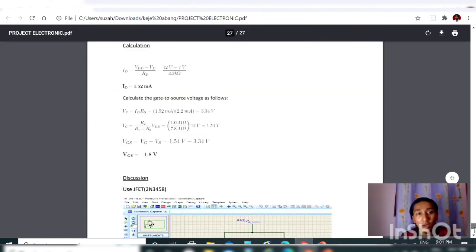Dan ni adalah calculation dia. Di sini kumpulan kami mencari nilai ID dan VGS. Nilai ID 1.52 mA dan VGS dapat negatif 1.8 volt.